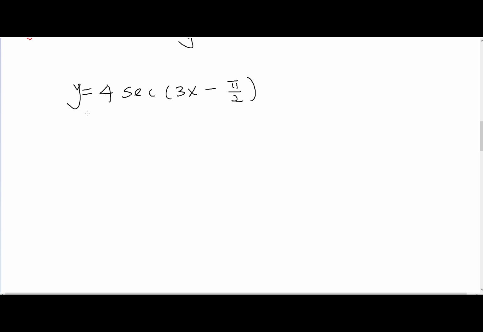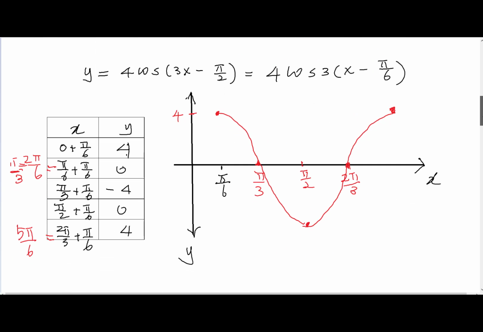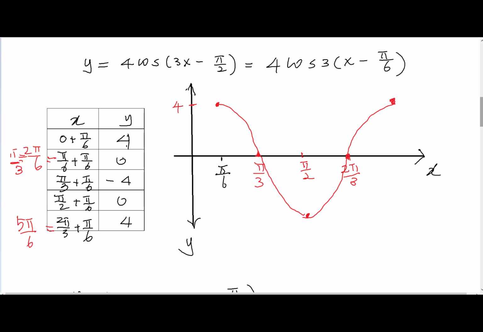This is the graph you need to graph first, y equals 4 times cosine 3x minus pi over 2, which I showed you already how to graph above. It is a graph shifted from y equals 4 cosine 3x to the right by pi over 6. Now keep in mind that this graph will help graph secant 3x minus pi over 2.